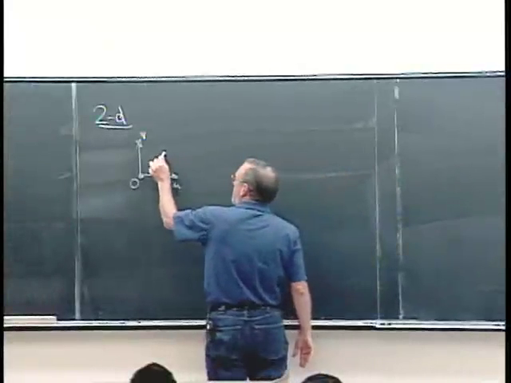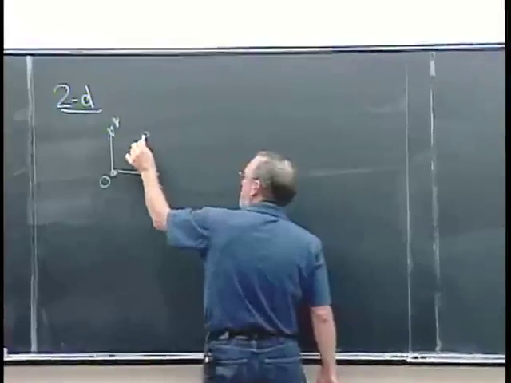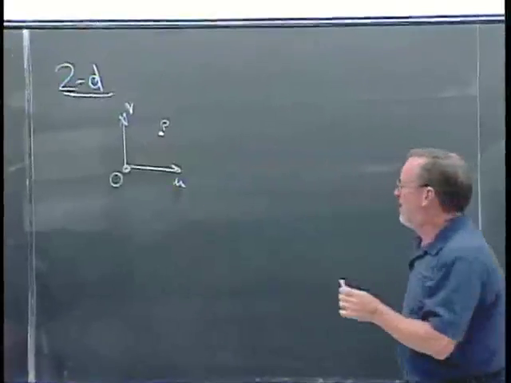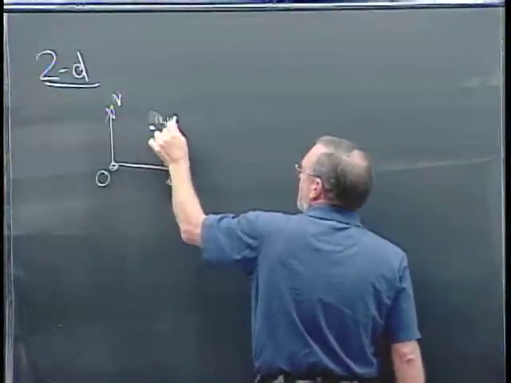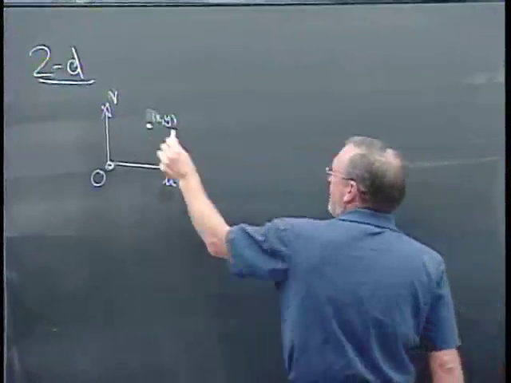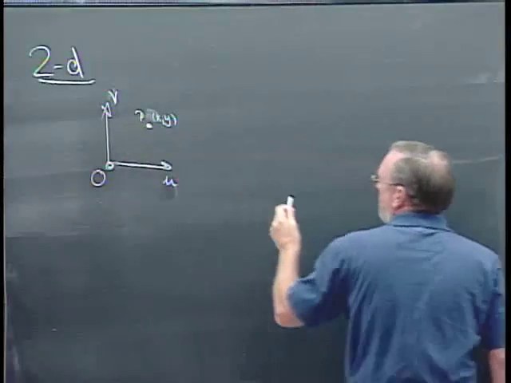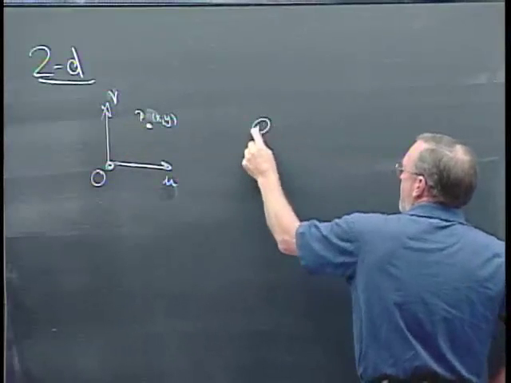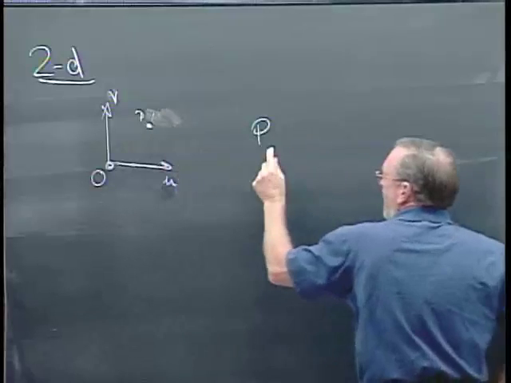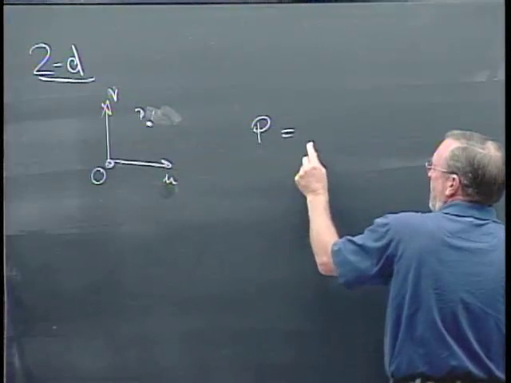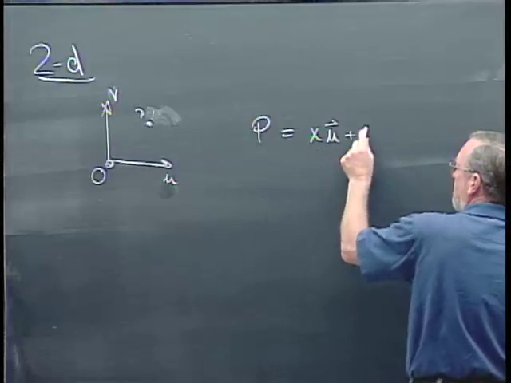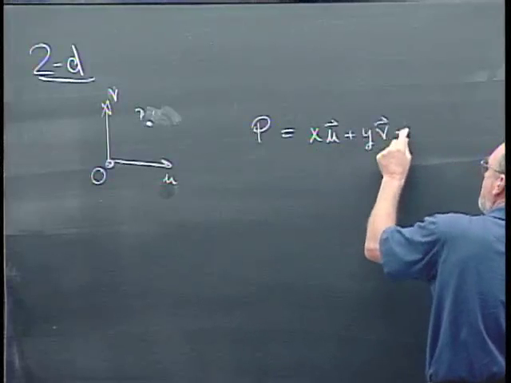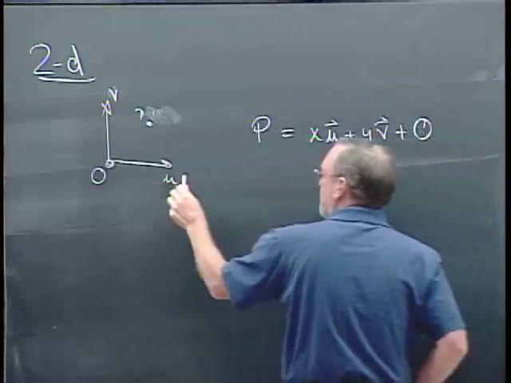If I have a coordinate up here, a point P, I can write P as x times the u vector plus y times the v vector plus the origin, okay?